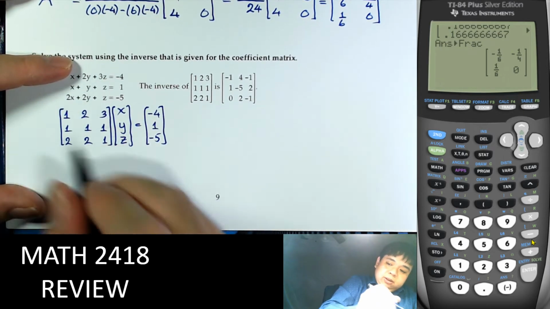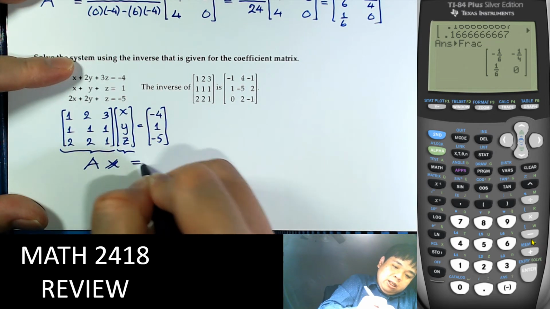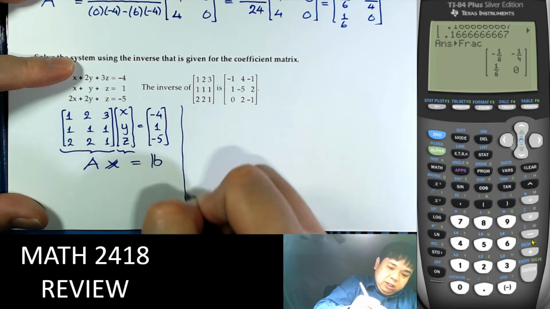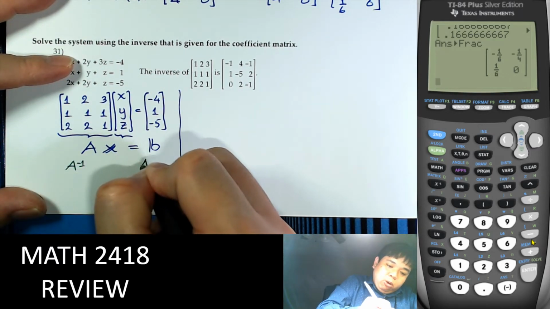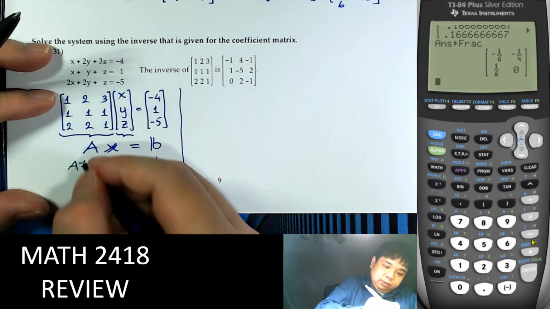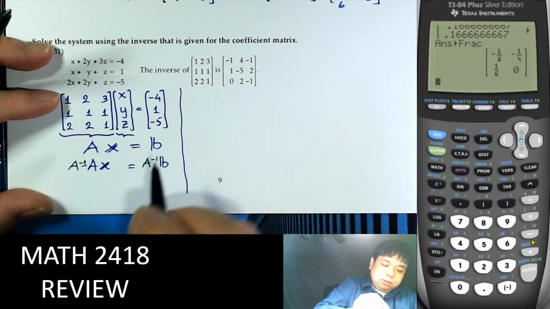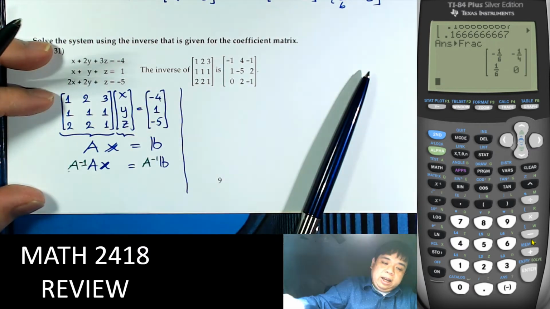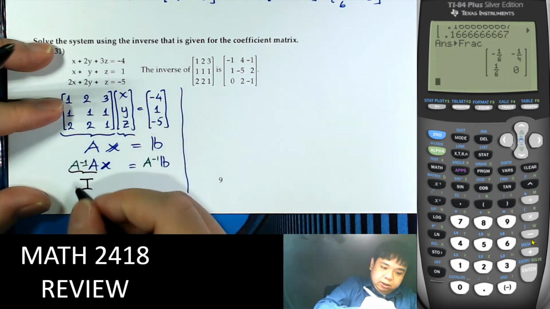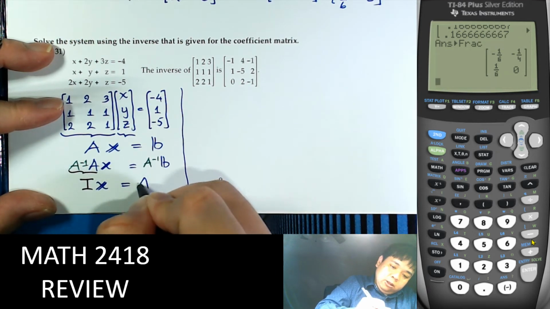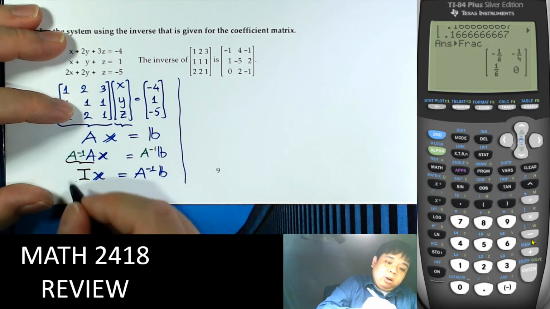So here we have the matrix A times a vector x equal to a vector B. To solve for the solution, multiply by A inverse on both sides. Inverse times a matrix is the identity matrix. Identity matrix times anything will be itself.